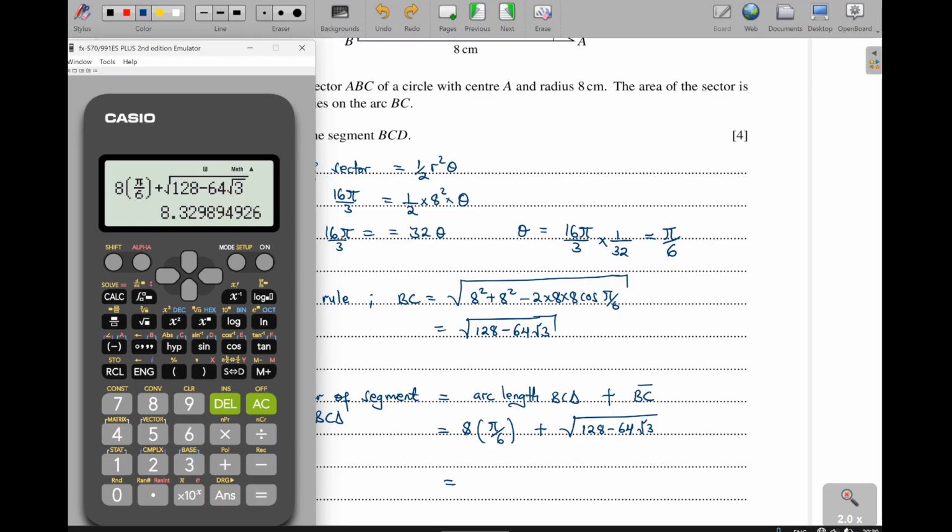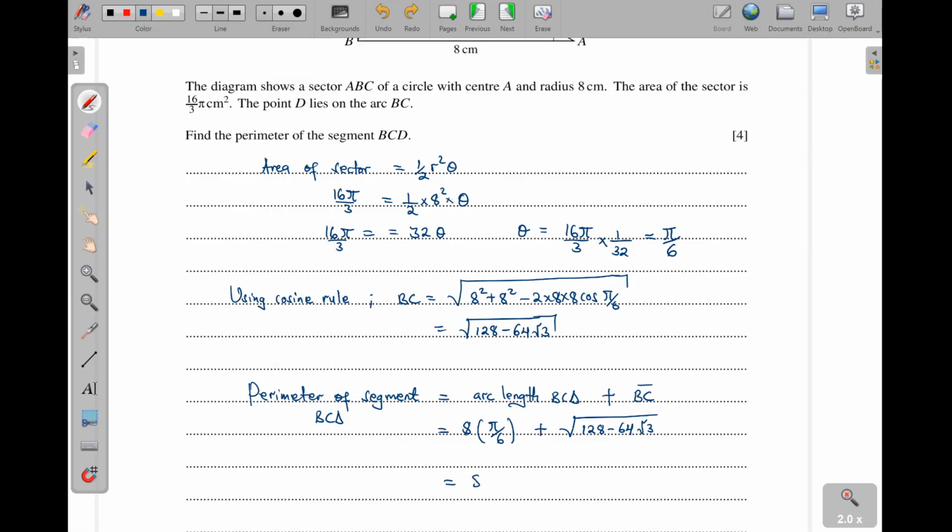So the answer is 8.33 centimeters to 3 significant figures. That is that.